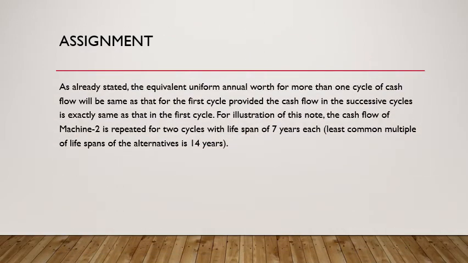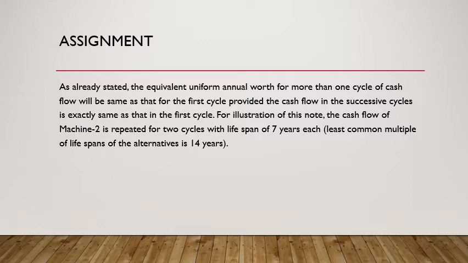Now I give this as an assignment to you. You need to compare this method which we have already solved with the common multiple method. And the LCM between these two, 14 and 7, is 14.